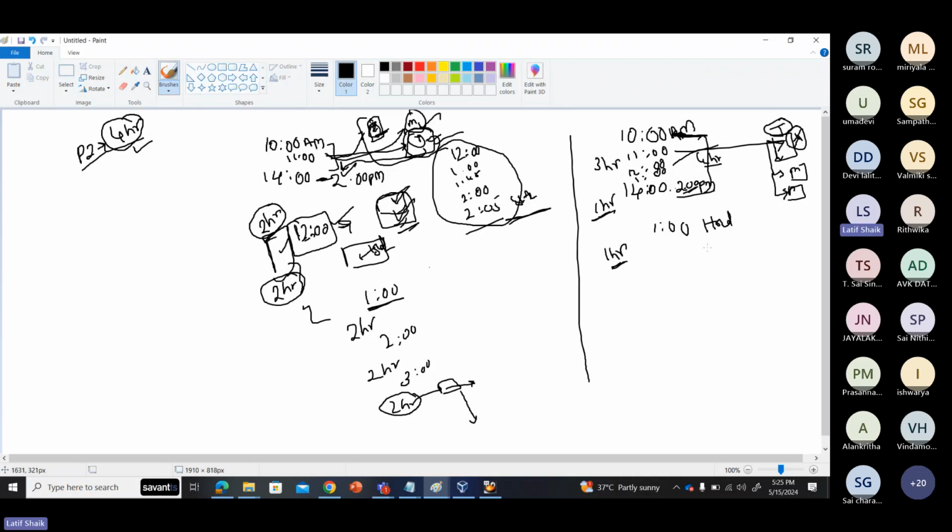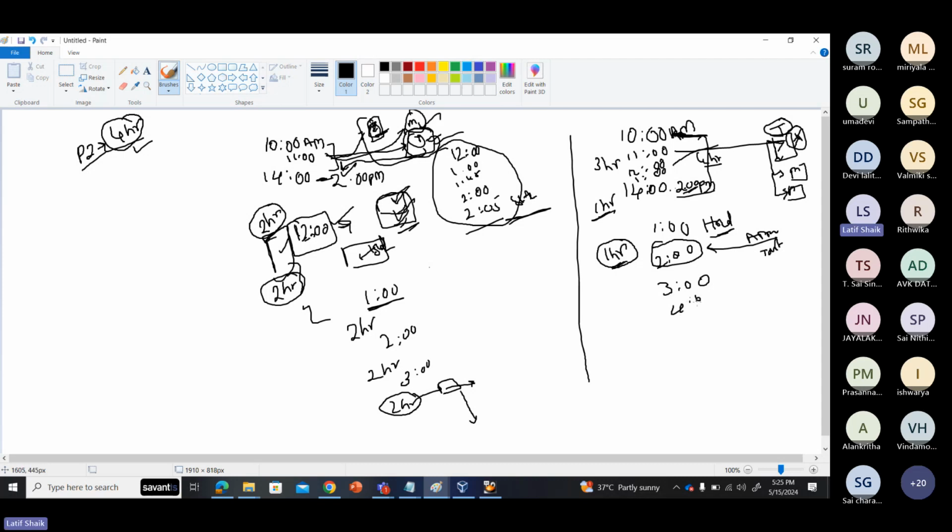And I wait for the approval or for the task to be completed. 1 o'clock is done, 2 o'clock is done, 3 o'clock is done, but still I have 1 hour left. After holding, the time is stopped. So the remaining time is available to me.